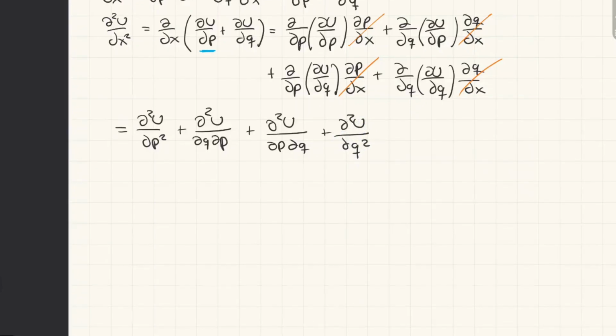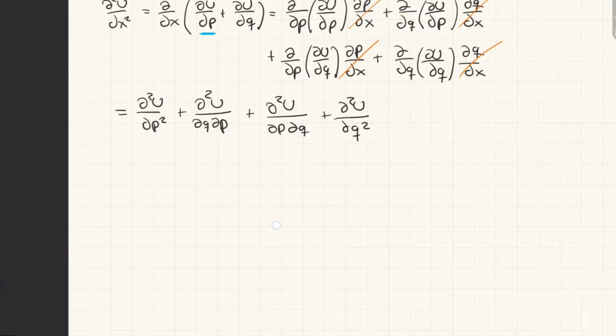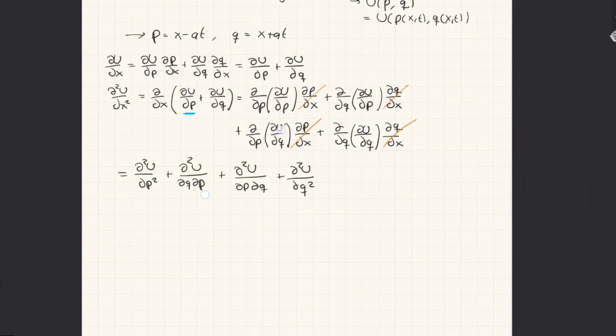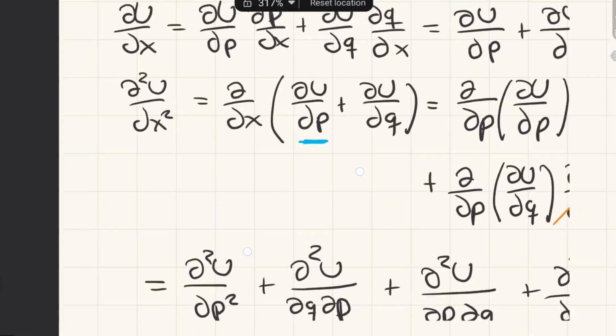We know that the solution to the wave equation is a well-behaved function that allows us to switch the order of the derivatives, right? That is just a curious fact. We're not going to do it right now, but you should know that in this case these two quantities are equal, so we could sum these quantities. Perfect. So this was just the second derivative of u with respect to x.